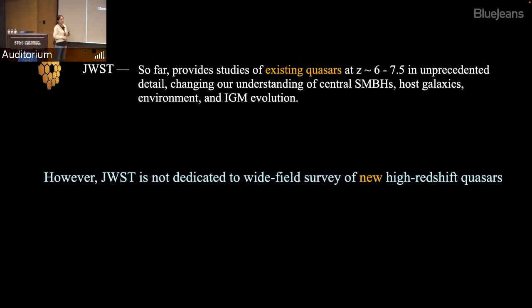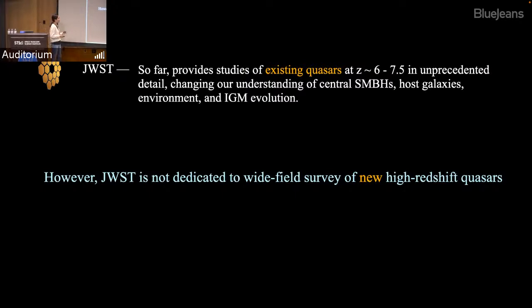So as a brief summary, I have mentioned the preliminary results from JWST. So far, JWST provides very deep and unparalleled studies of existing quasars at redshift above 6. These results are changing our understanding from multiple aspects, for example, the central supermassive black hole, host galaxy, environment, and AGN evolution.